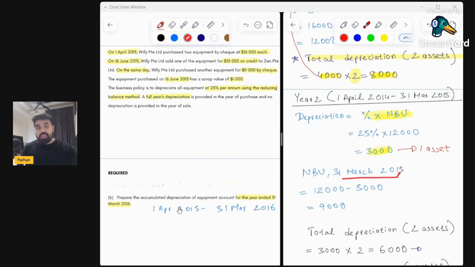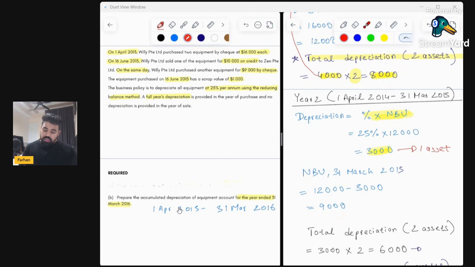Since we already know the net book value at end of year one, it makes logical sense to just deduct $3,000, which is the depreciation expense we have incurred for year two, right? So we take the net book value that we had at end of year one, which was $12,000, and then we deduct $3,000, which is the depreciation expense for one of these assets in year two. That gives us a net book value of $9,000 at year two for one of these assets.